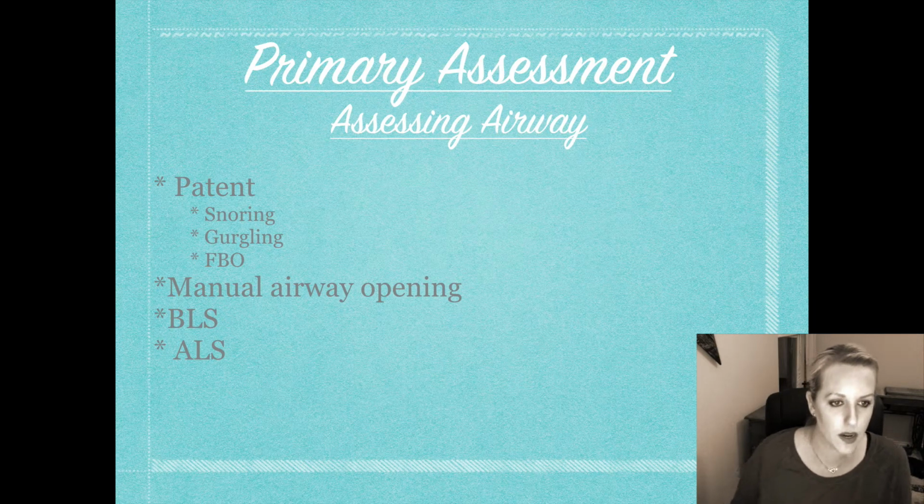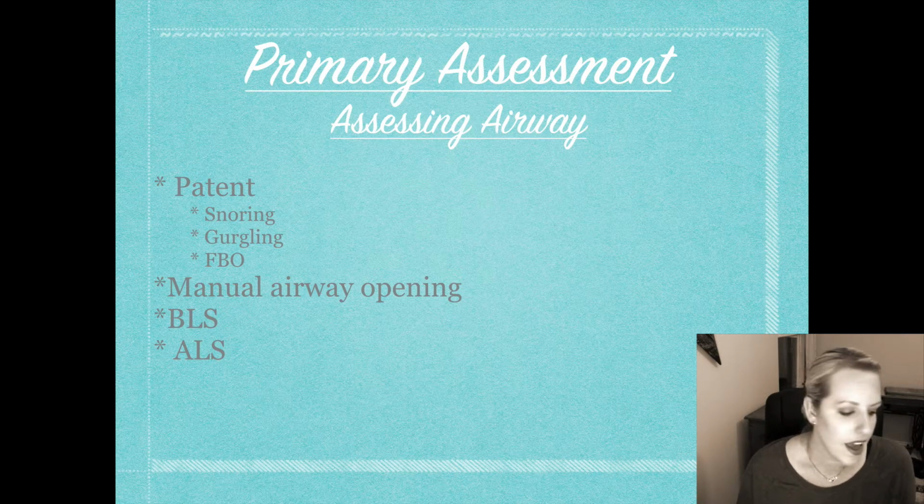For snoring, we want to manually open up that airway, provide the BLS maneuvers. Snoring is basically the tongue is back on their throat. And then gurgling is going to be some type of fluid in the airway, more than likely blood, so we want to suction that. And any foreign body aspirations, we want to use BLS techniques to get that out.